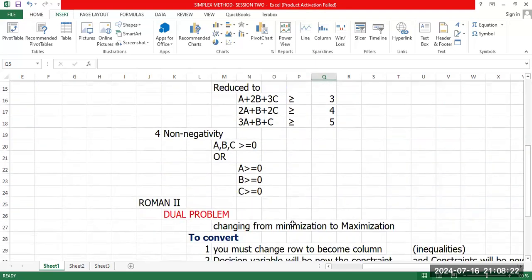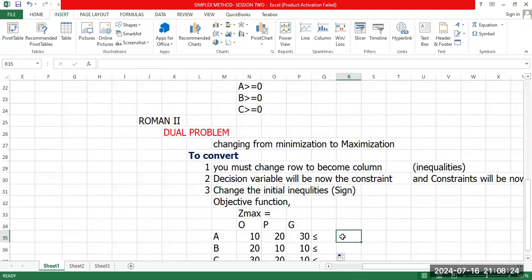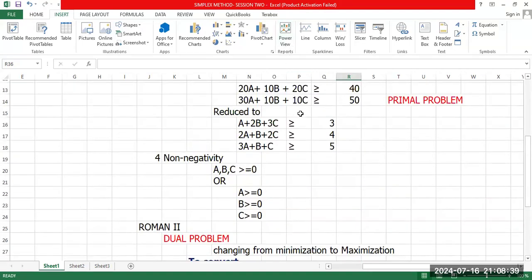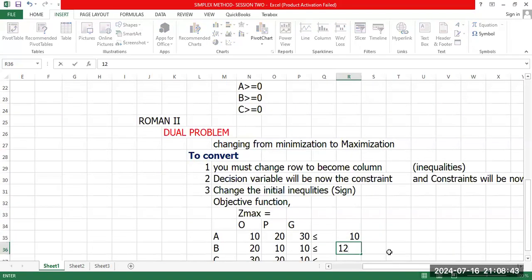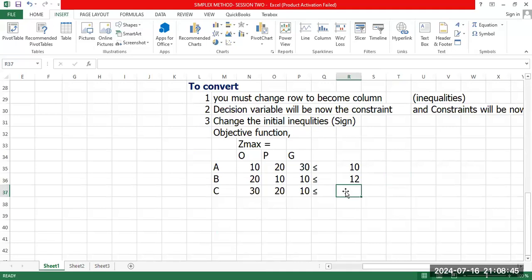That's why if I put here 10, this 10 is corresponding to A. Then B, this is 12. Then here 15.